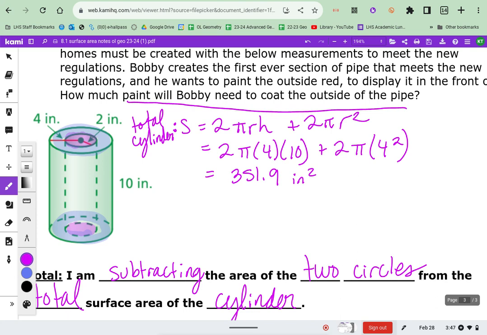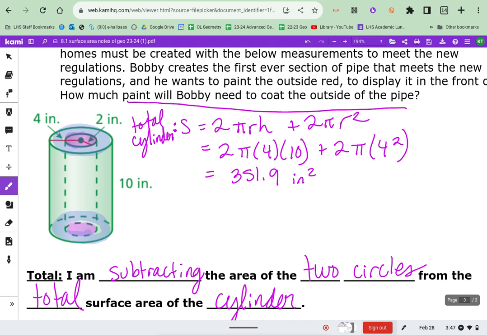Did you guys get 351.9? Yeah. Okay. You get the same answer both ways, parentheses or not. I can come look at yours in a second if you're having issues. Sometimes calculator stuff is just tricky. Okay, I got it now when I put the squared inside of the parentheses. Gotcha. I can come look at yours in a second and see what happened first, though. Oh, that's okay. No worries.